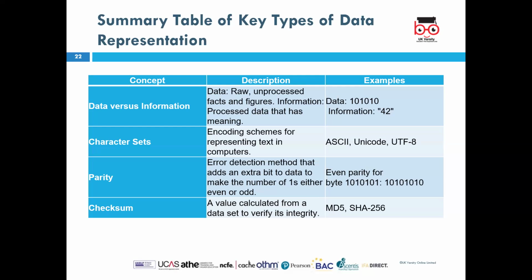Parity is an error detection method that adds an extra bit of data to make the number of ones even or odd. And a checksum is a value calculated from a data set to verify its integrity.